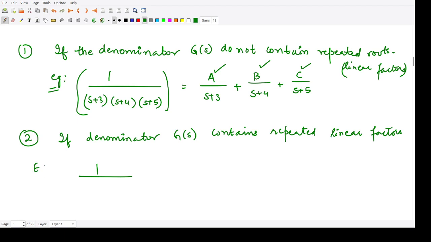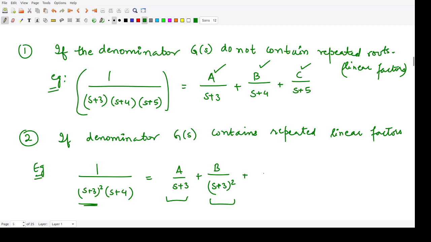Suppose for example we have a fraction of this kind, 1 divided by s plus 3 whole square and s plus 4. This would be equal to a divided by s plus 3 plus b divided by s plus 3 square. So you see, corresponding to the square term, you have two terms, and then we have c divided by s plus 4.